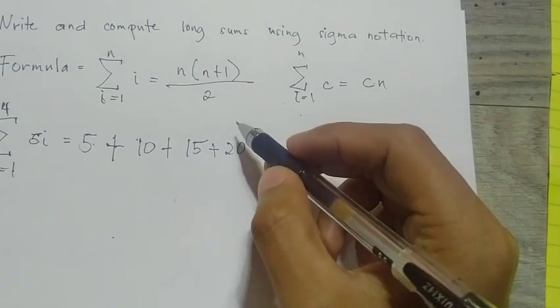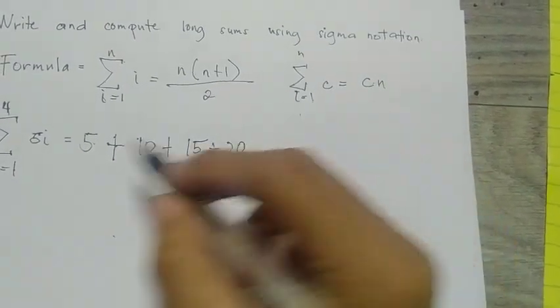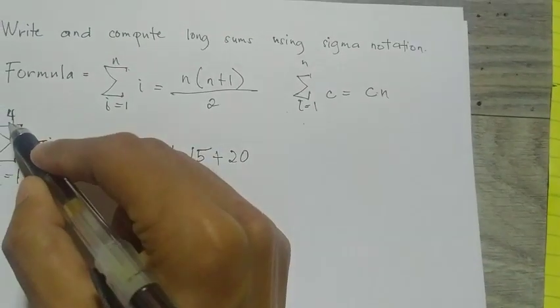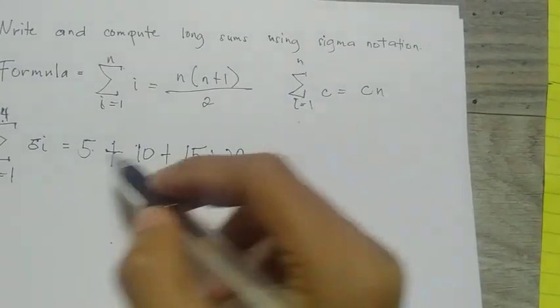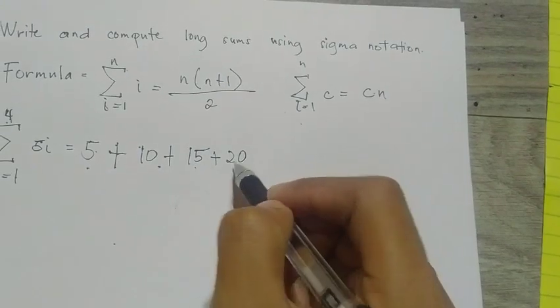We stop at 20 because n is equal to 4. So 1, 2, 3, 4.